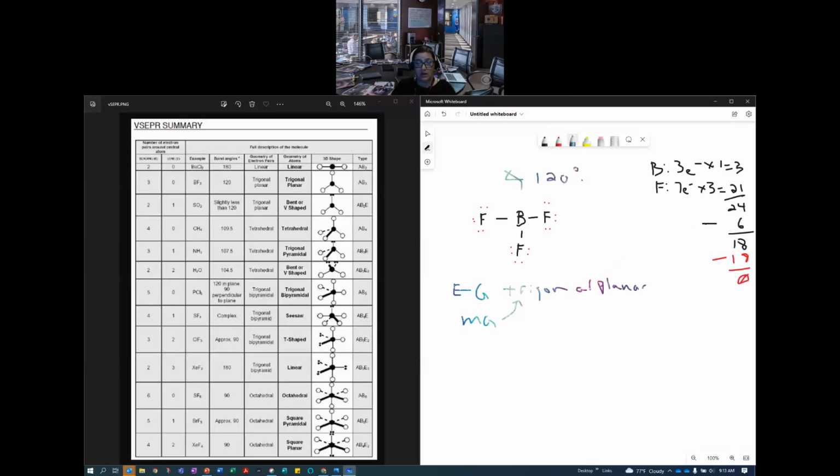Questions, comments, problems on how we got to that structure? Hopefully not. But again, this starts with practicing counting the electrons, getting from the electrons to a Lewis structure, from the Lewis structure to seeing if I can move anything. Oh, and that's the other thing I didn't do. I apologize. Let me see if I can move this.